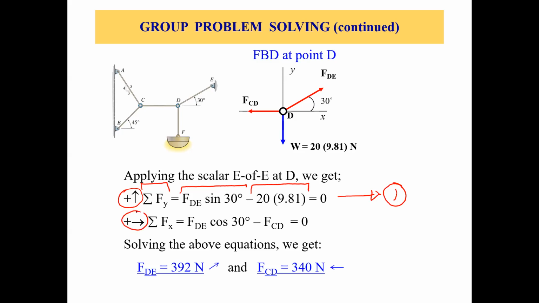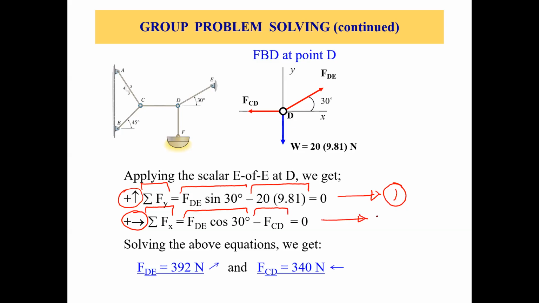Now, sign convention rightward positive, sigma Fx equals 0. How many forces in the x direction? A component of FDE and FCD as a whole. W is not involved because that is a y force. So we have FDE times cosine 30, a positive force because it acts rightward, and a negative FCD because it acts leftward, equals 0.